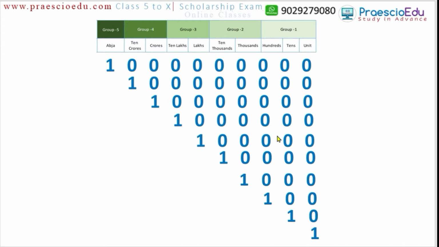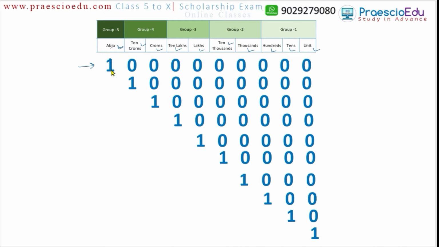The positions mean the stages: unit, then tens, then hundreds. In the last video also we understood the places: the unit place, tens place, hundreds, then thousand, then 10,000, then lakhs, then 10 lakhs, crores, 10 crores and abja. All of these are the place values of those particular positions. So what exactly is abja?